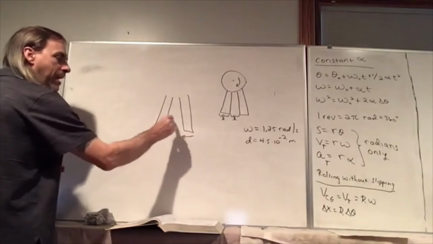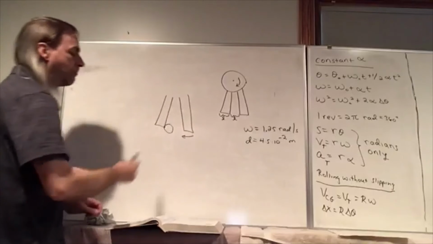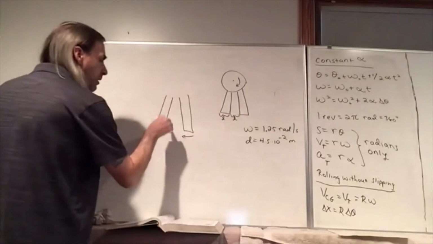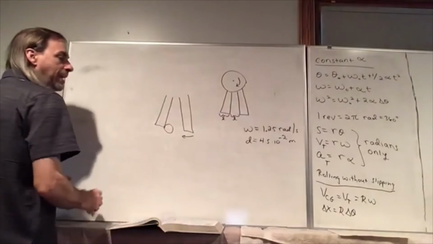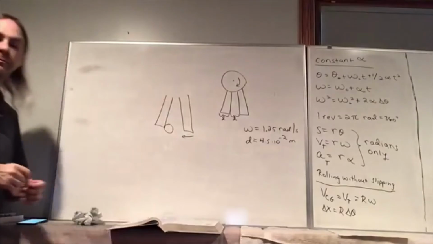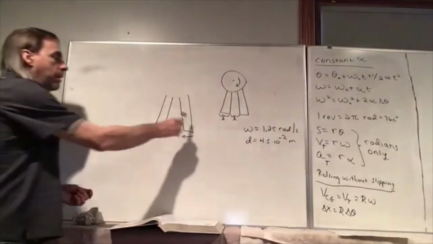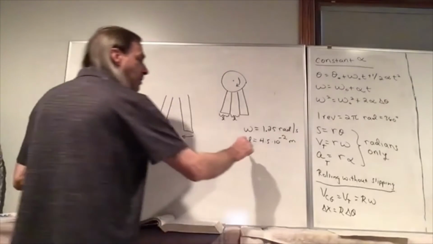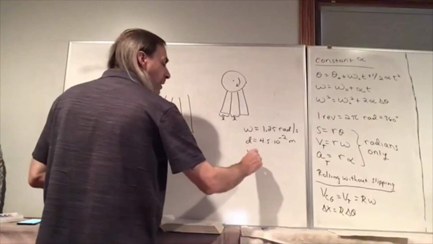If it enters in the middle, the blade will hit it sooner. So we can assume the best case scenario: it enters here, and it has to pass through this gap before the next blade hits it. We want to find the minimum speed the ball has to be going.